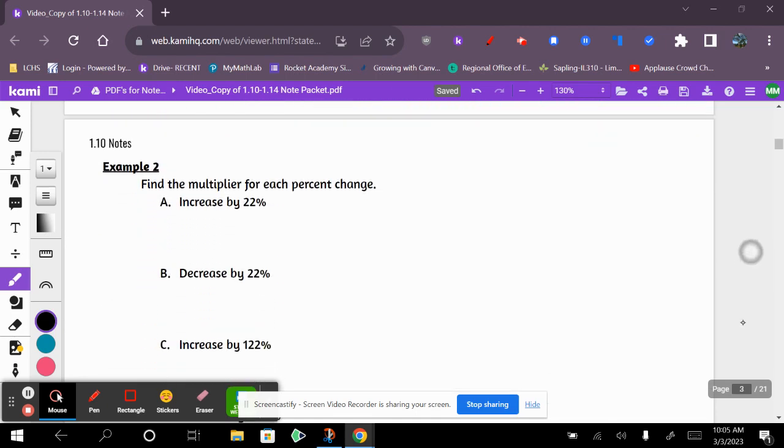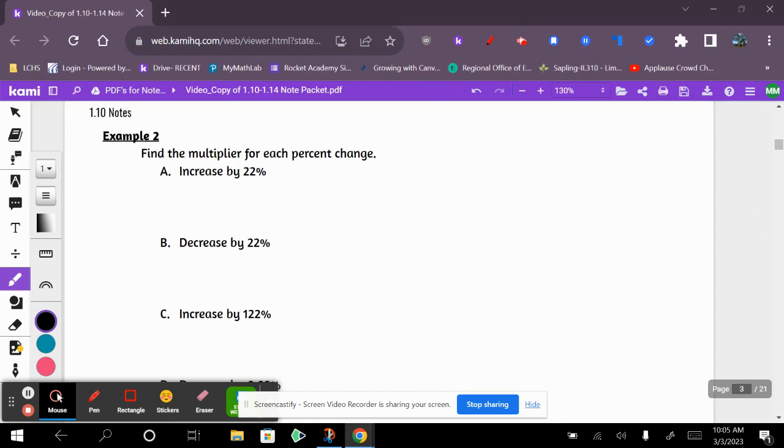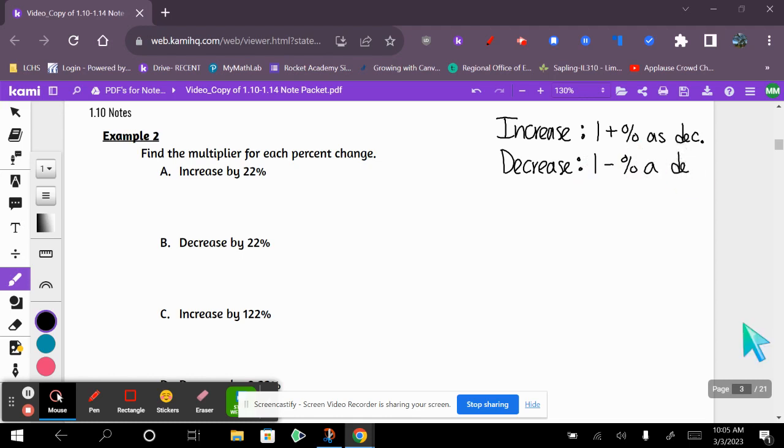We're going to do a little bit more practice with multipliers. So to find the multiplier for each percent change, remember that for an increase, it is 1 plus the percent as a decimal. For a decrease, it is 1 minus the percent as a decimal.